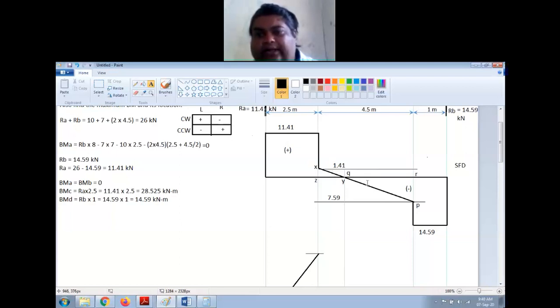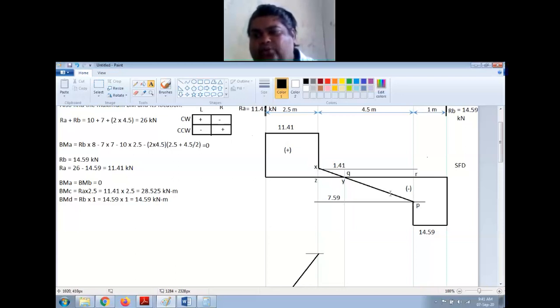Now from this triangle, the angle XYZ and angle RQP, this angle and this angle is equal. It is alternate angle. This is a horizontal line and this is a vertical line and this is vertical line. So this angle XZY and PRQ is 90 degree. These two are 90 degree, and this line is a common line.